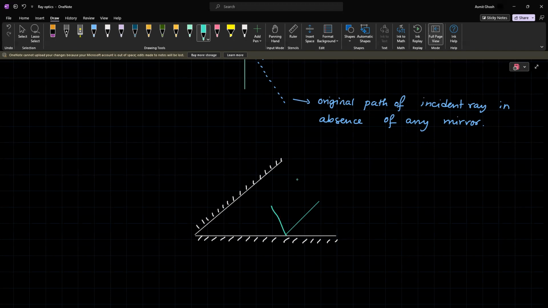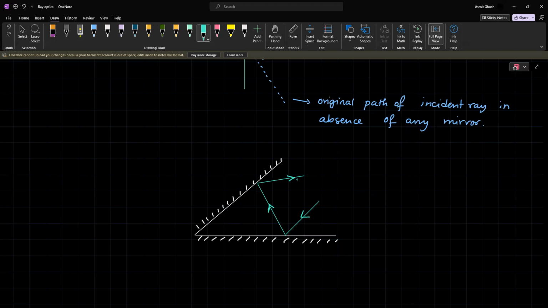Hence, it will have a certain reflection, let's say over here, and then it will also have a second reflection like this. So the path of the light ray must go like this, right?